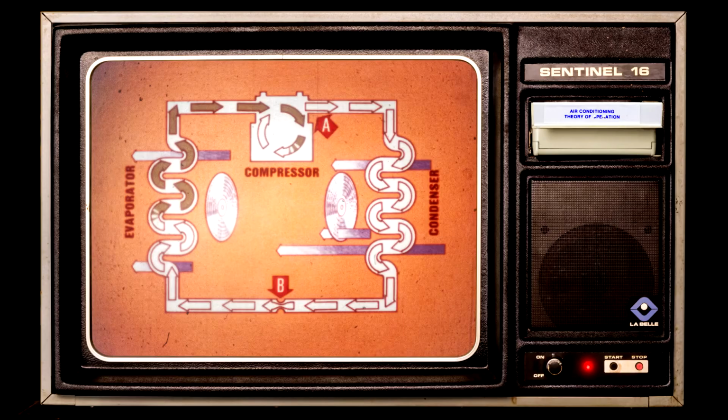The liquid R12 in the evaporator absorbs the heat from the interior of the vehicle. As we've seen, the R12 boils as it absorbs the heat. The green arrows represent the resulting low-pressure R12 gas. Then, the R12 gas, containing the heat, is pulled into the compressor.